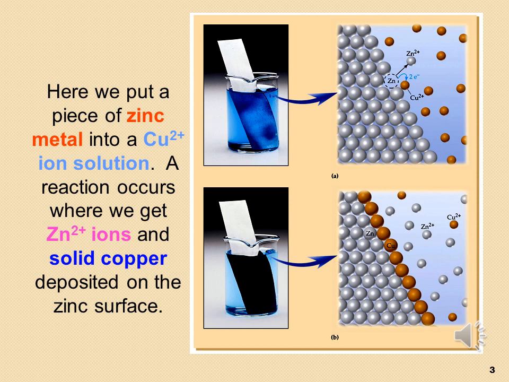At the end, the blue color of the solution fades away. In the first experiment we have a deep blue color of copper 2 sulfate, but in the second solution the color seems to fade away, and this is because the copper 2 ions are gaining the electrons and get deposited on the zinc rod, while the zinc rod dissolves into the solution to form zinc ions.